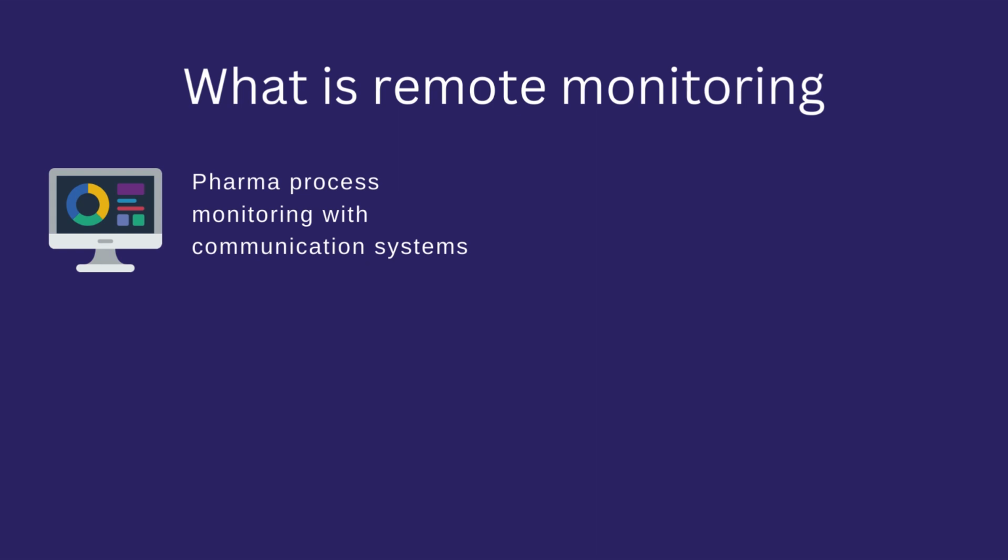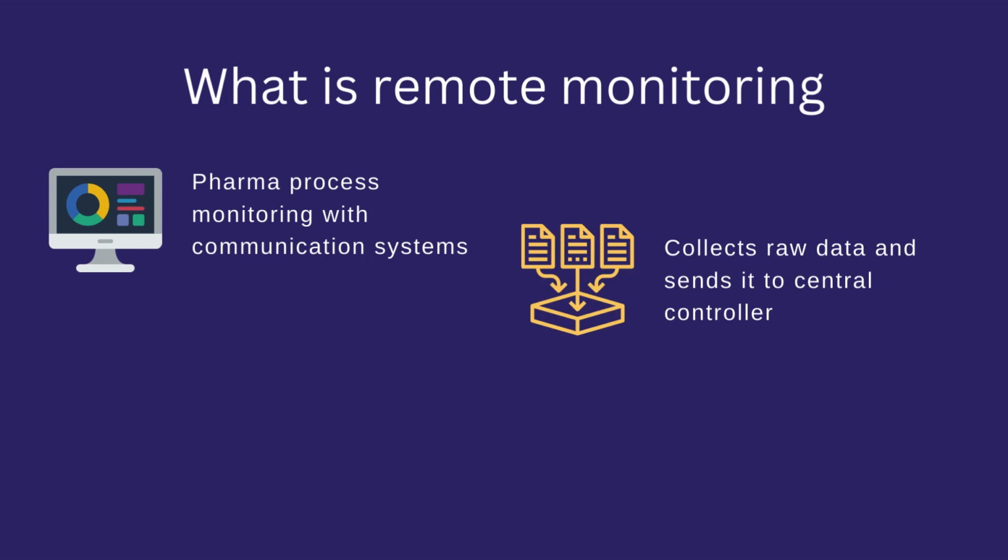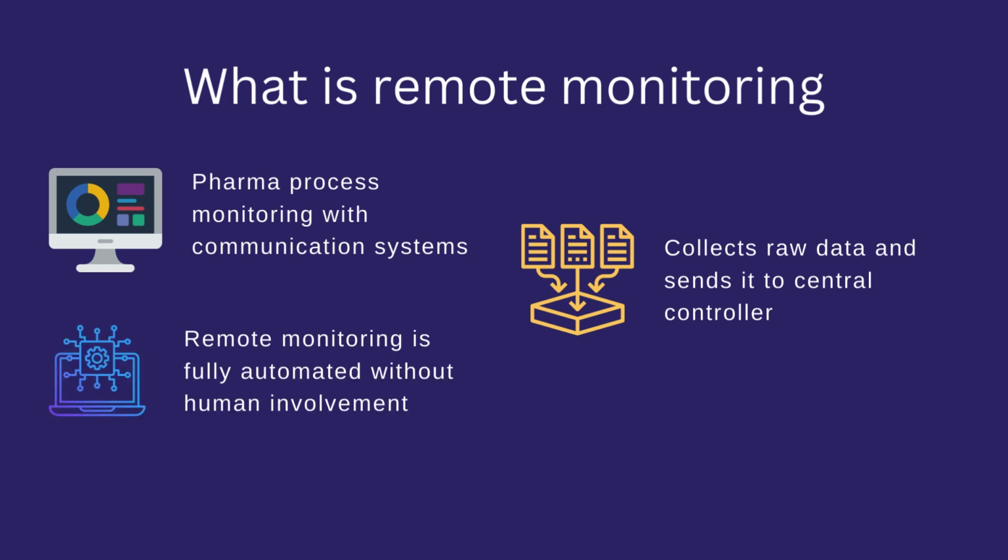What is remote monitoring? Remote monitoring is a system through which any process, equipment, area, instrument, or entity that has any relationship with a pharma process can be monitored with the help of electronic components and a communication system. The remote monitoring system collects raw data and sends it to the central controller, server, or computer for processing to extract useful information.